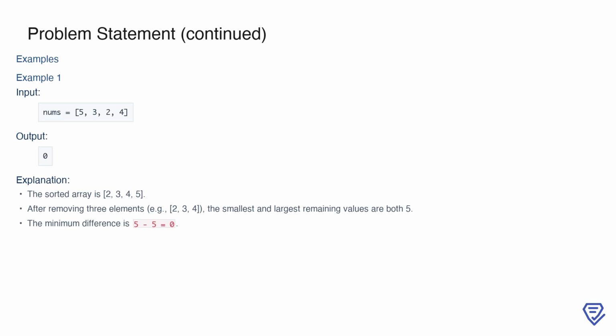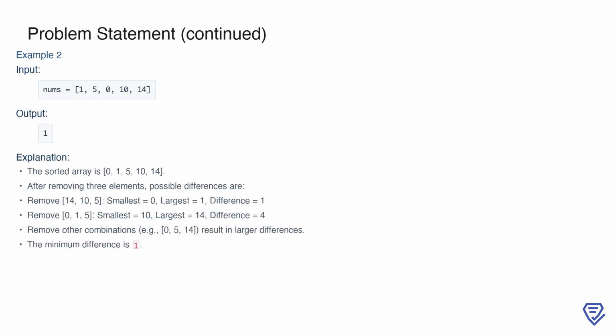Now, let's consider another example with a slightly larger array, nums equals 1, 5, 0, 10, 14. When we sort this array, we get 0, 1, 5, 10, 14. After removing 3 elements, we calculate the differences between the smallest and largest remaining numbers for all valid removal combinations.